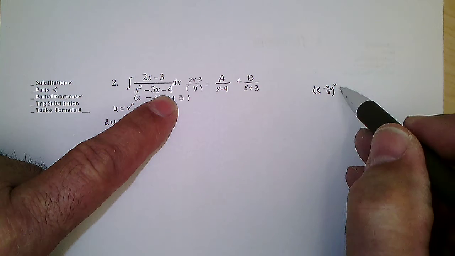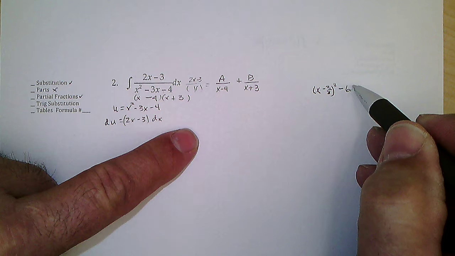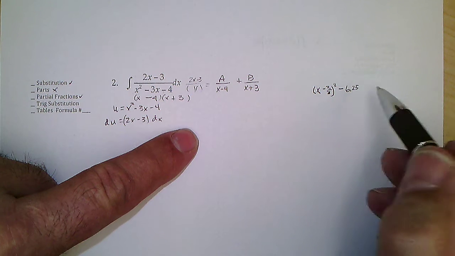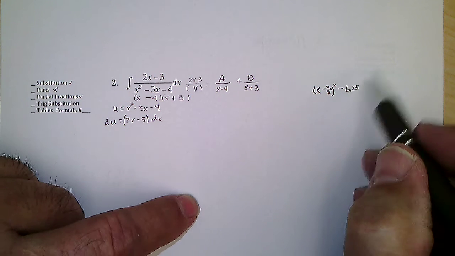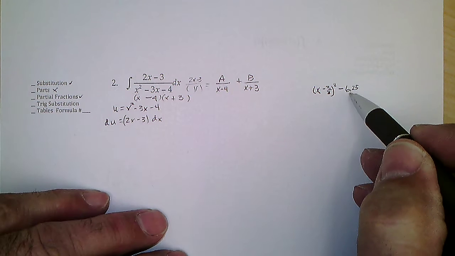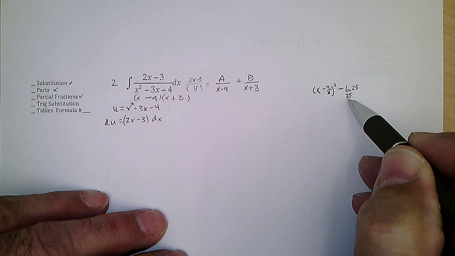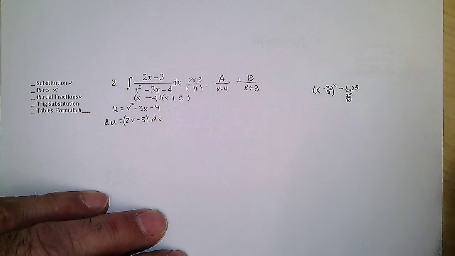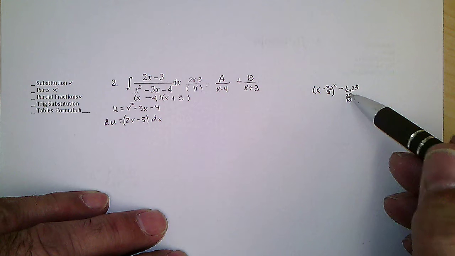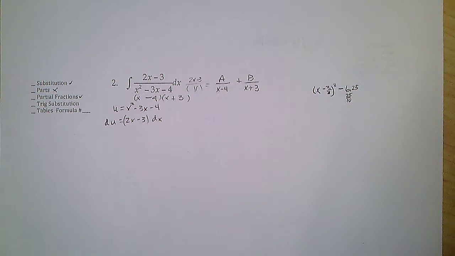To make them minus 4, it would be minus 6 1/4, which is, I think, let's see, 5 times 5, 25 over 10, or 2.5, 2.5 squared. I think that's right. Let me think here. Take a quick look.